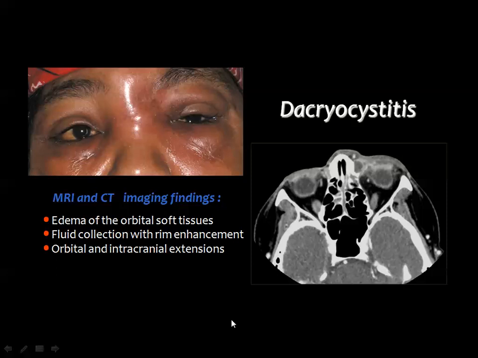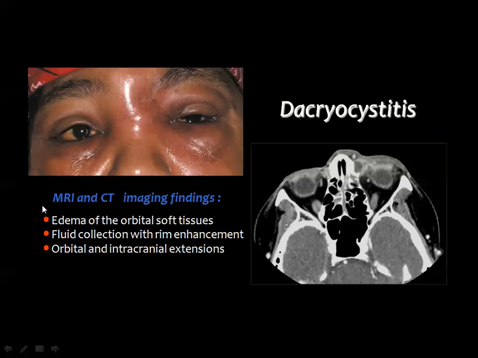The imaging findings of lacrimal system inflammation are the presence of what looks like an abscess near the region of the nasolacrimal duct. And you remember from the anatomy, this is the site of the nasolacrimal duct along the inner wall of the orbit, and you see marginal enhancement, and you see soft tissue edema and swelling along the periorbital soft tissues.